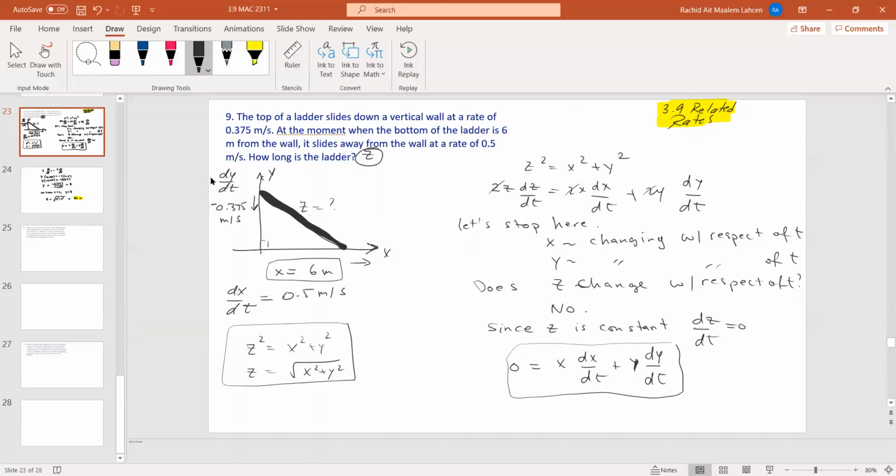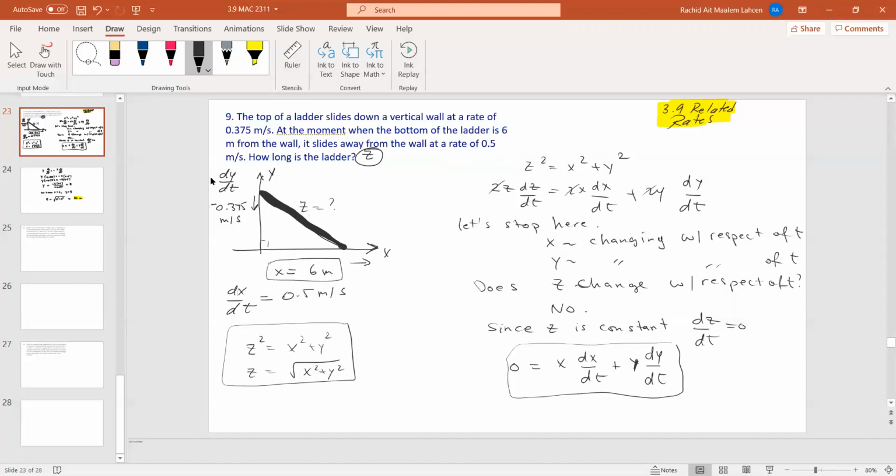And so the governing equation here is z squared equal x squared plus y squared, or L squared equal x squared plus y squared. We implicitly differentiate. Then we find that dz/dt is not changing here, right?